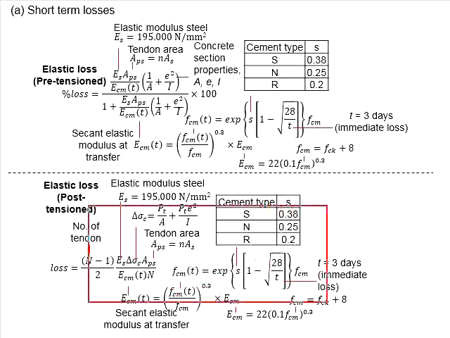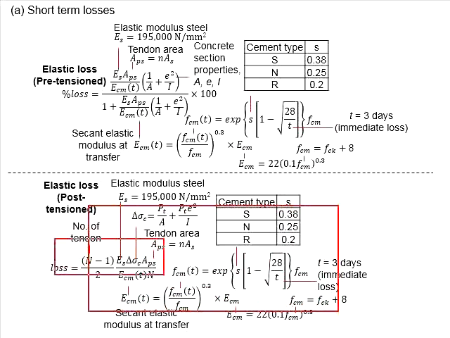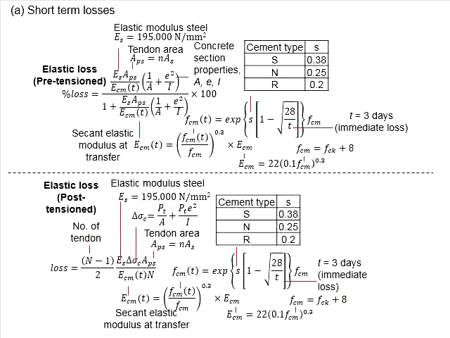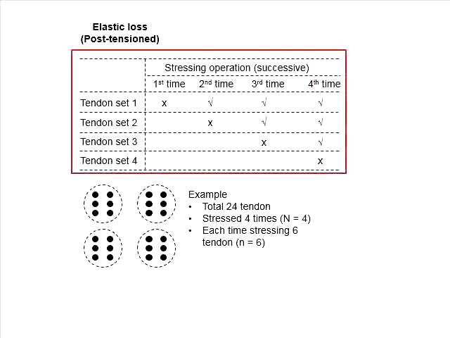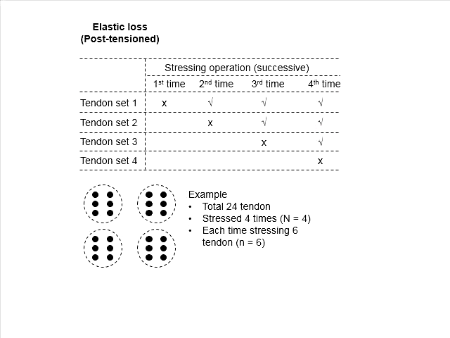Substitute all the relevant values into the equations, and you are able to quantify the losses for the post-tension member. The function here, n-1 over 2n, is in fact a mechanism to quantify the effects of the elastic losses to the previous set of tendons.